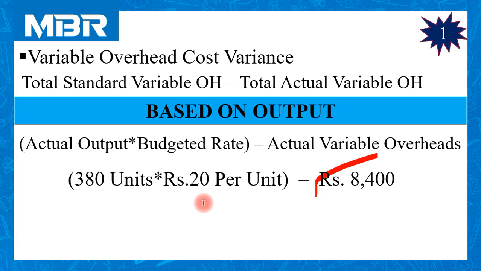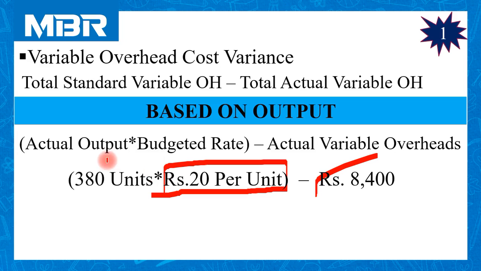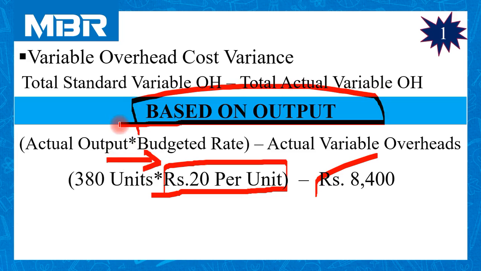Now at this point I would like to discuss that we have completed the calculation of budgeted rate per unit only for the calculation of cost variance based on output. We are not in need of this information anywhere else in our entire calculation. But intentionally, I have completed the calculation of budgeted rate per unit in order to calculate overhead cost variance based on output, and it is advisable.